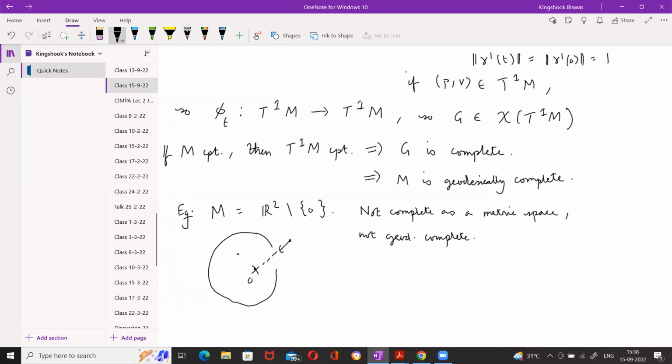And if I take this point, I can see that the exponential map is defined in all directions except for one direction, which points towards the origin. So the exponential map is not defined on the whole tangent space.